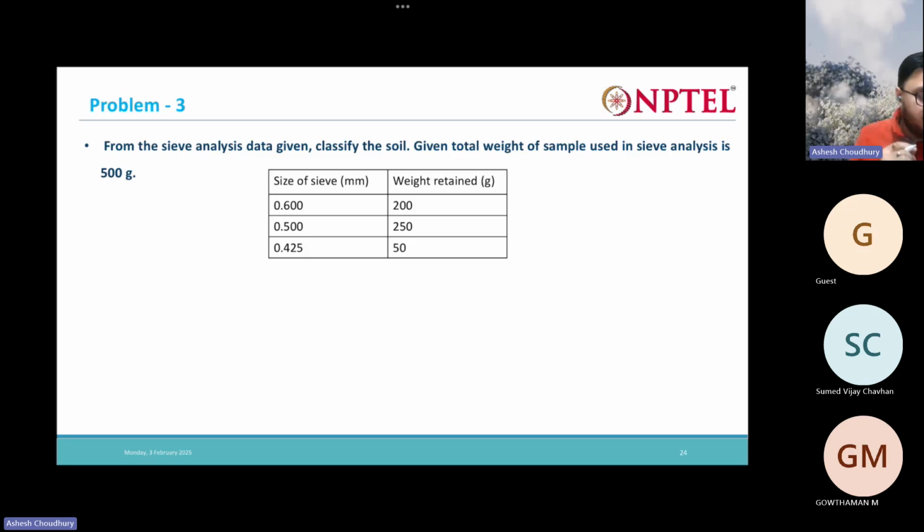First, try to find out the percentage finer for each size.